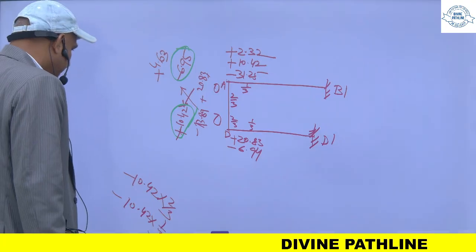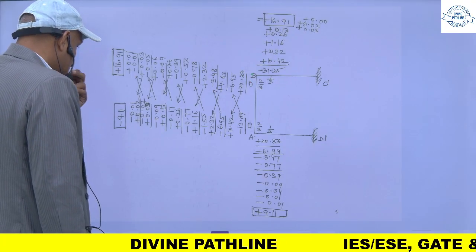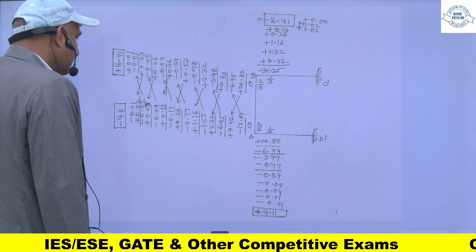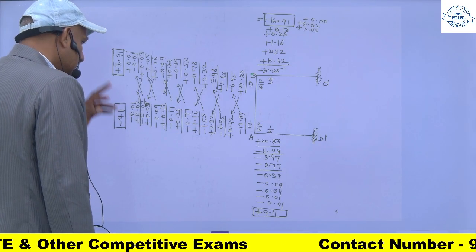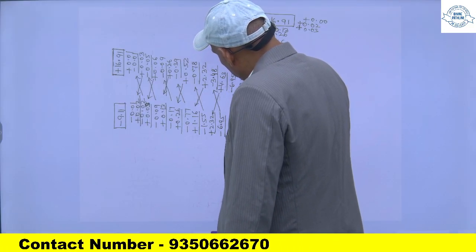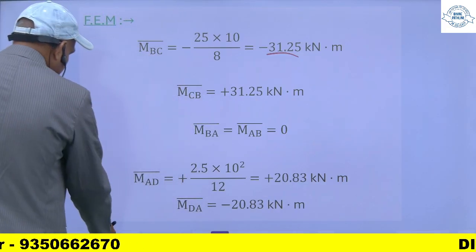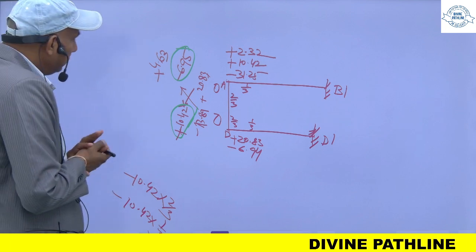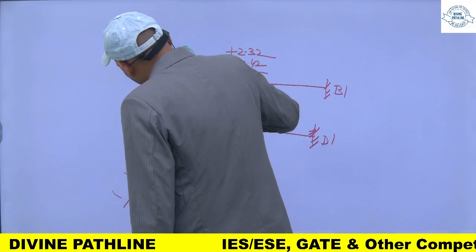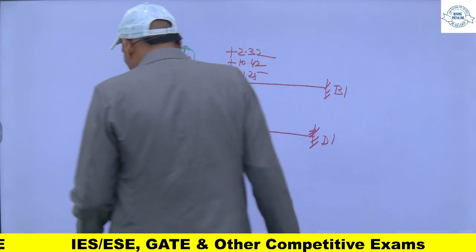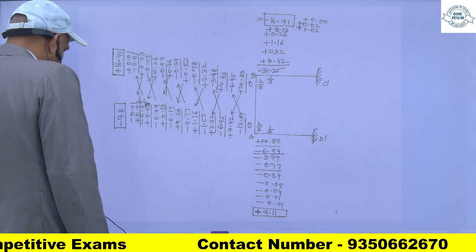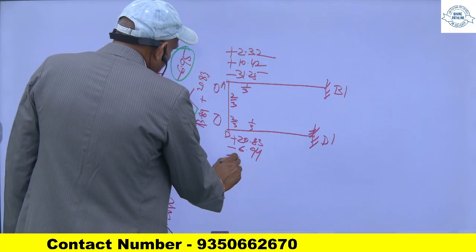So I will get this will be minus 6.95, yes, this moment is extra, so this will be minus 6.95, this one, and this will be 3.47.